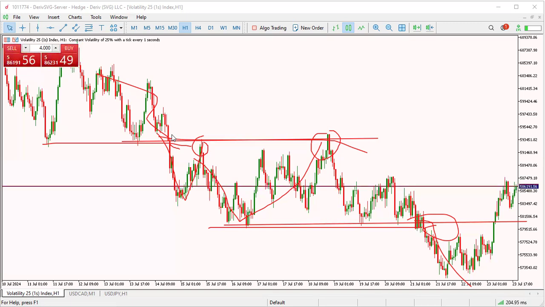I used to like VIX 100. Sometimes we don't check the lot size, and then you are buying or selling at 0.5, and the whole account is blown. I think it's just a way of these guys to make money from us. There's really nothing specific in terms of what or why.